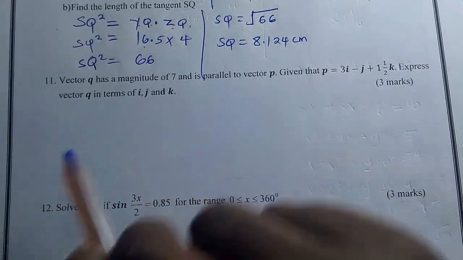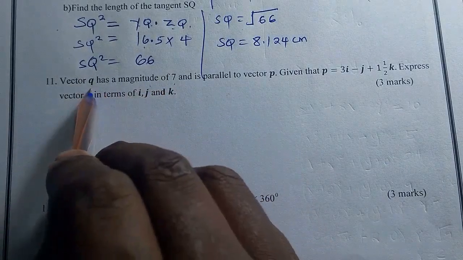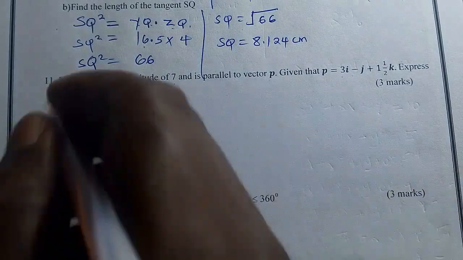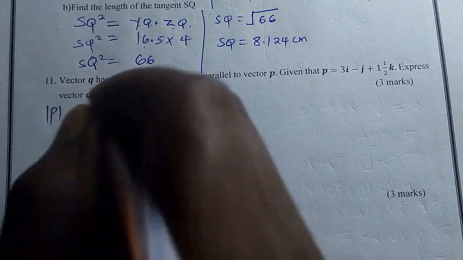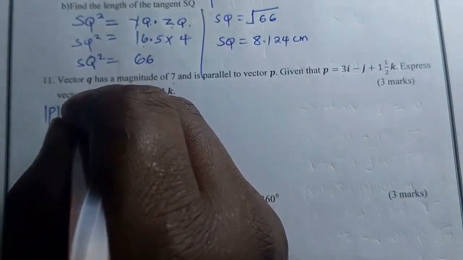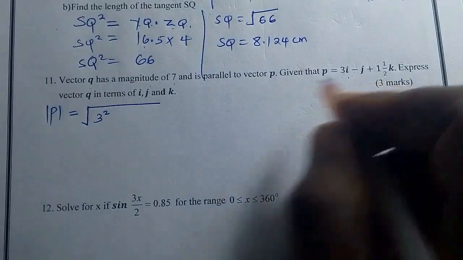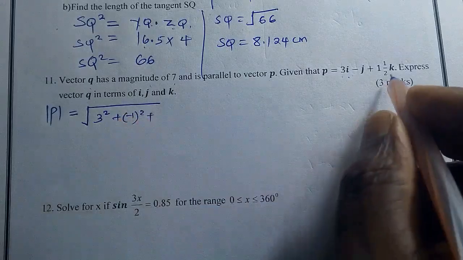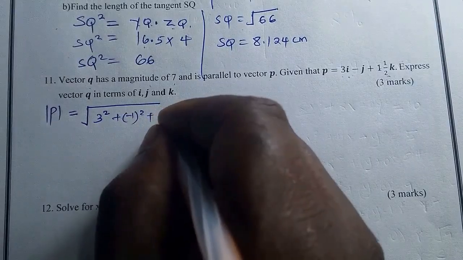Since we have the magnitude of Q and we have P, we can get the magnitude of P. So the magnitude of P is going to be the square root of 3 squared plus negative 1 squared plus 3 over 2 squared.